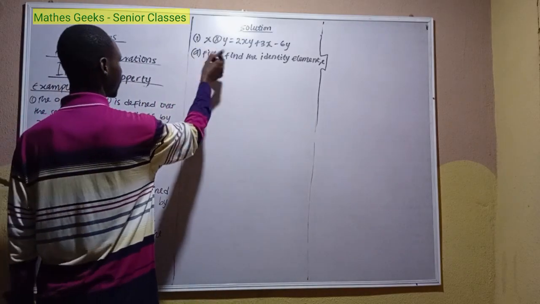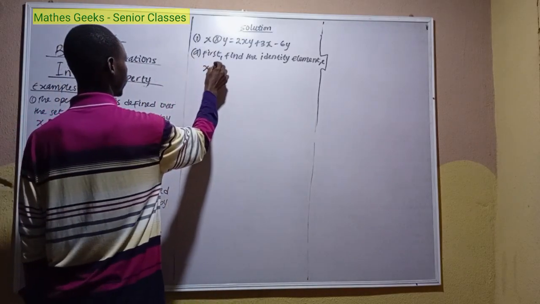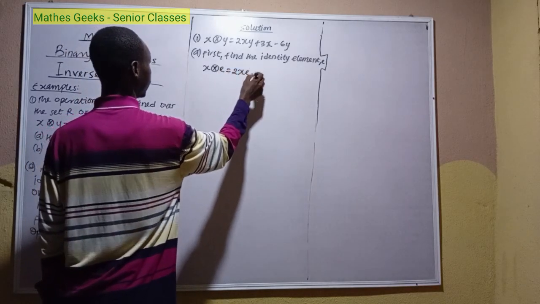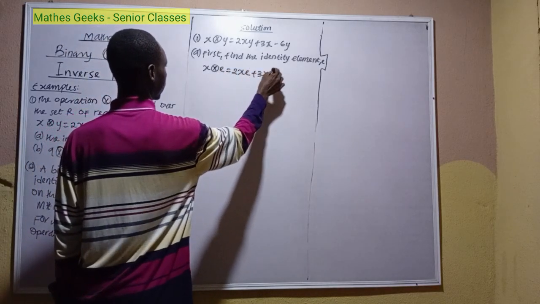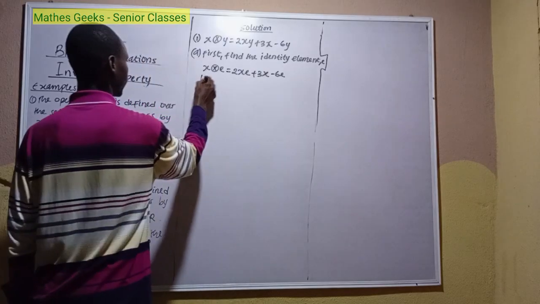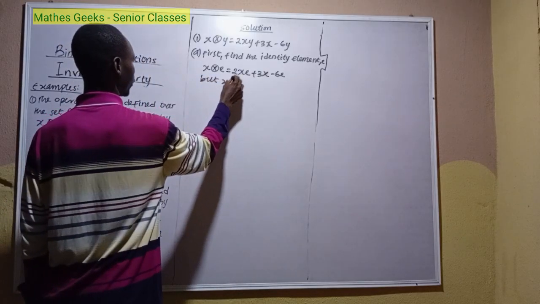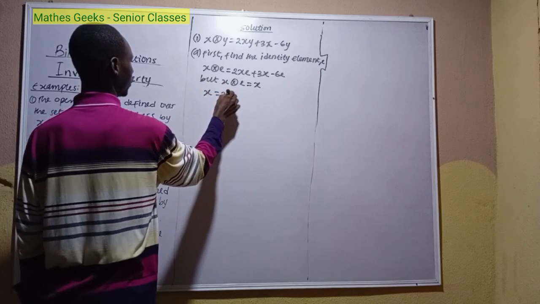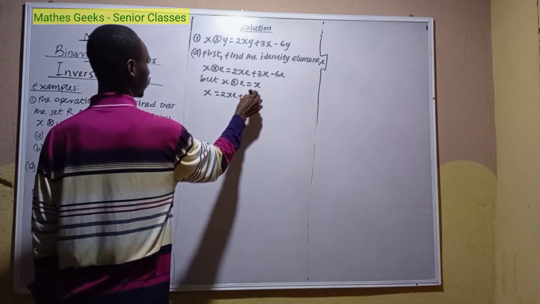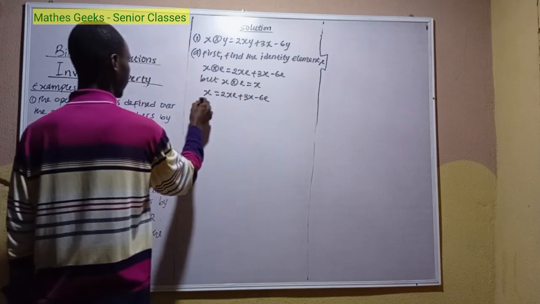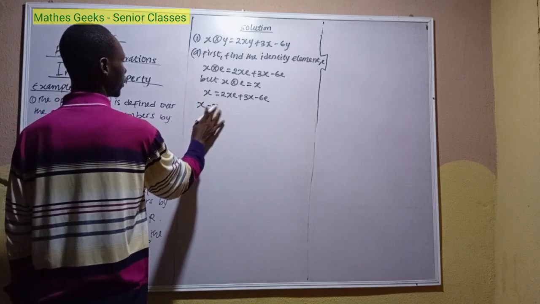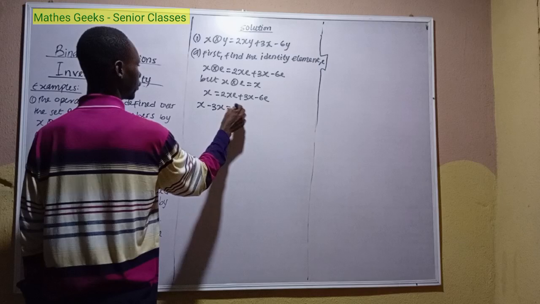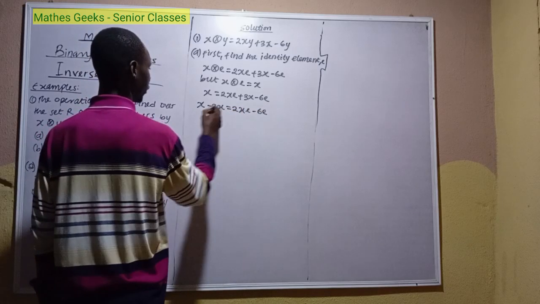So to get that, we say x operation E is 2xe plus 3x minus 6e, but x operation E is equal to x. So x is equal to 2xe plus 3x minus 6e. So x minus 3x is equal to 2xe minus 6e.